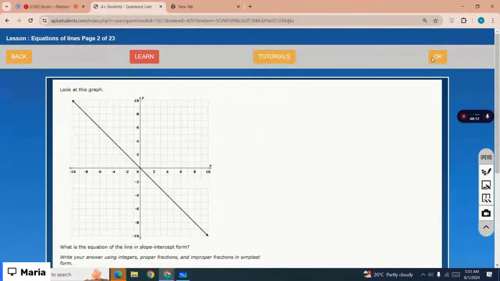Look at this graph. What is the equation in slope intercept form? So which is the correct option?